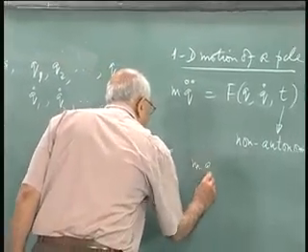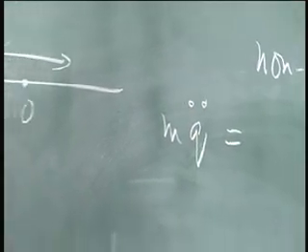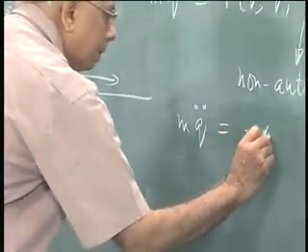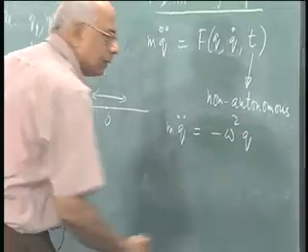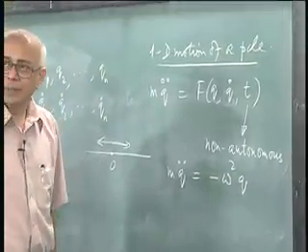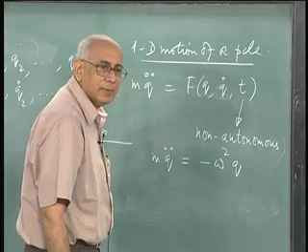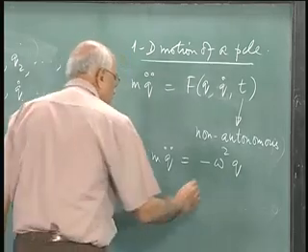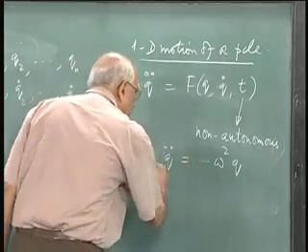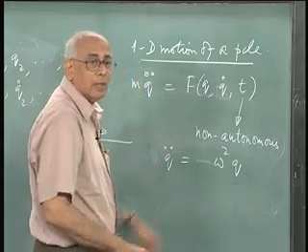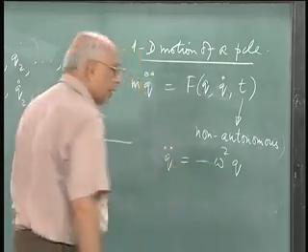It is m q double dot equal to minus kq. Is this correct? So let us remove this m, q double dot is minus omega squared q, where k was a spring constant, and you could write this as minus omega squared q.